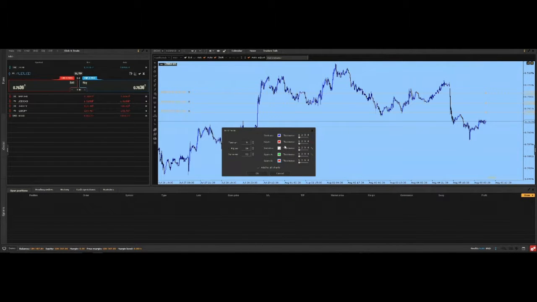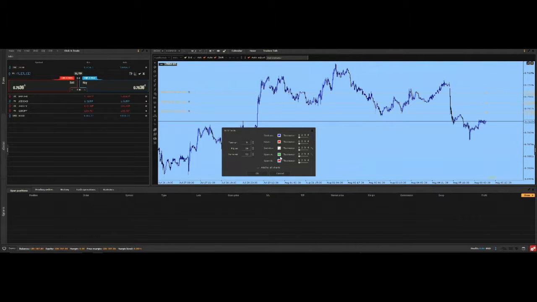The reason I do this is when your Tenkan-sen line crosses above your Kijun-sen line, it's a buy signal. But for this buy signal to be proven, you have to have span A above span B. Whenever span A is above span B, it produces a green cloud, indicative of an uptrend.